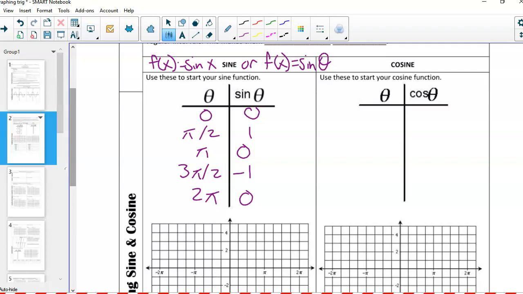So those are all from your unit circle. We didn't magically pull those out of the air. They all came from your unit circle. So when we're doing our sine, we need to remember that it always starts at 0. It's alternating 0, 1, 0, negative 1, 0.